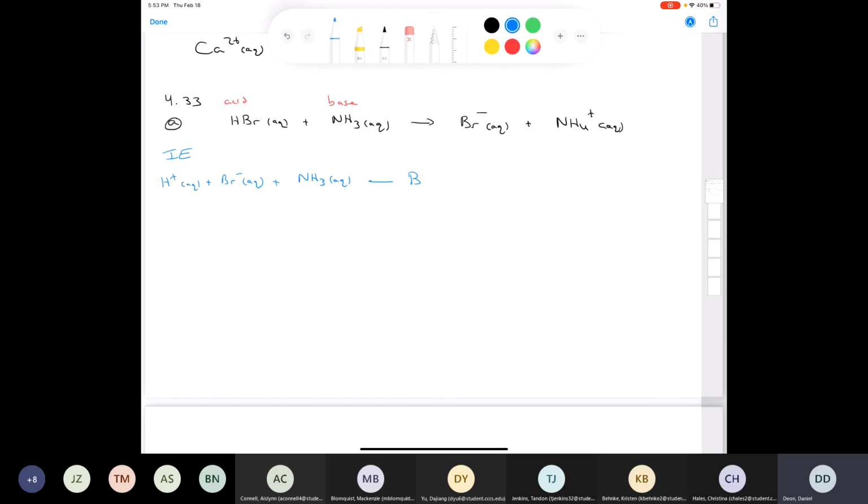And then we have bromide aqueous plus NH4 plus aqueous. Well, what's a spectator ion that can cancel? The only thing that can cancel on both sides is the bromide ion. And so my net ionic equation is just going to be H plus aqueous plus ammonia produces the ammonium ion. Nothing more than that.